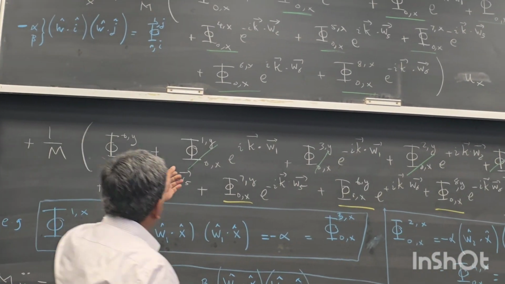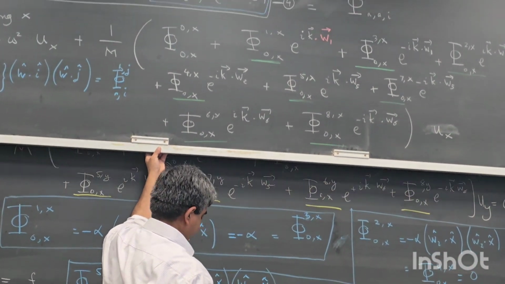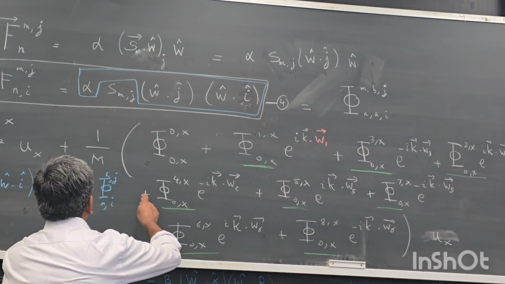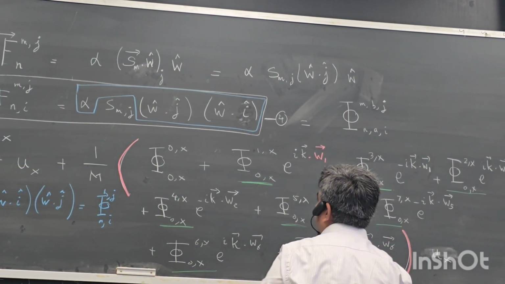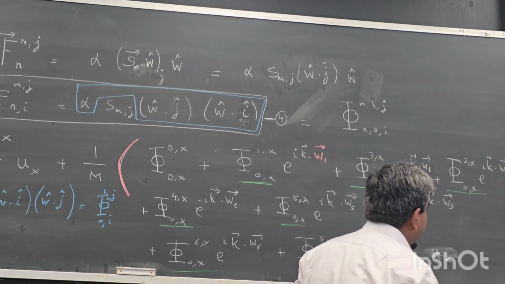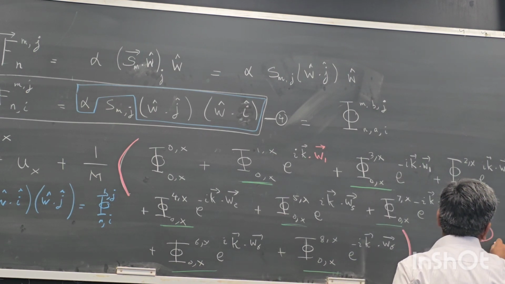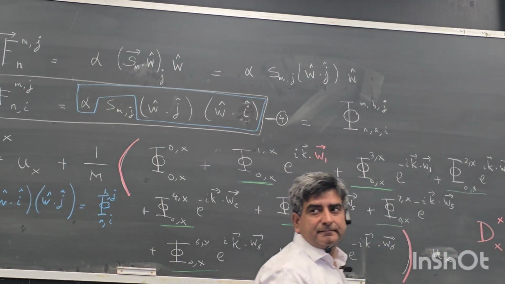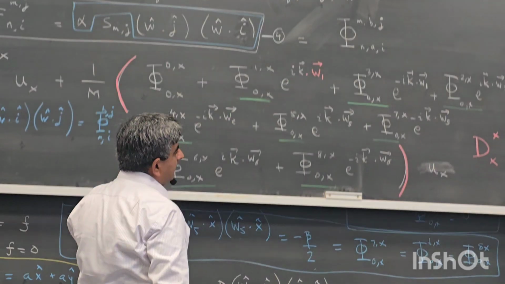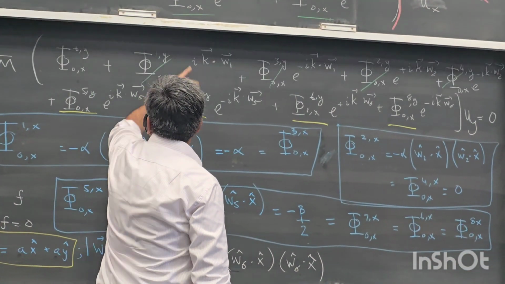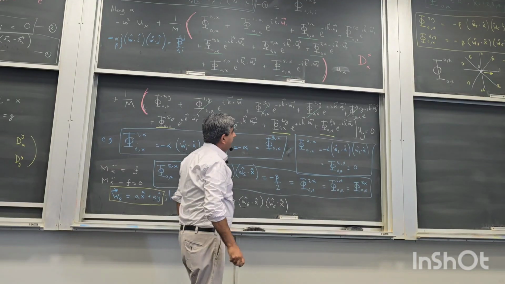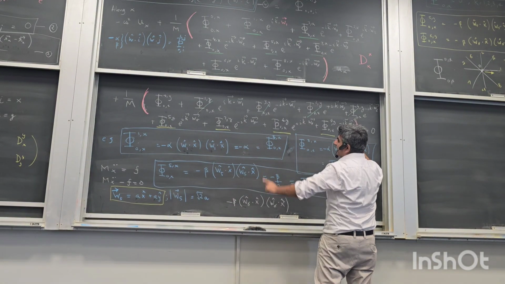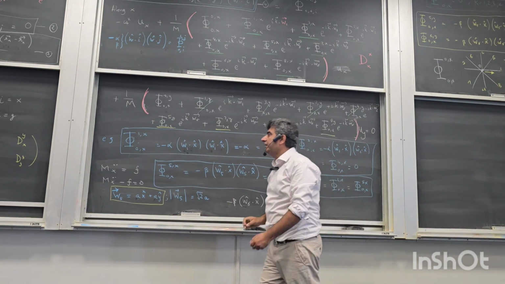So this term over here in this big bracket with the 1 over m included is my dxx. And this term in my big bracket with the 1 over m is my dxy.